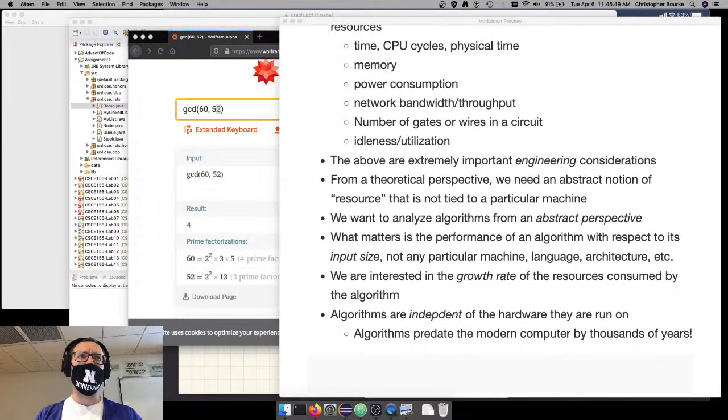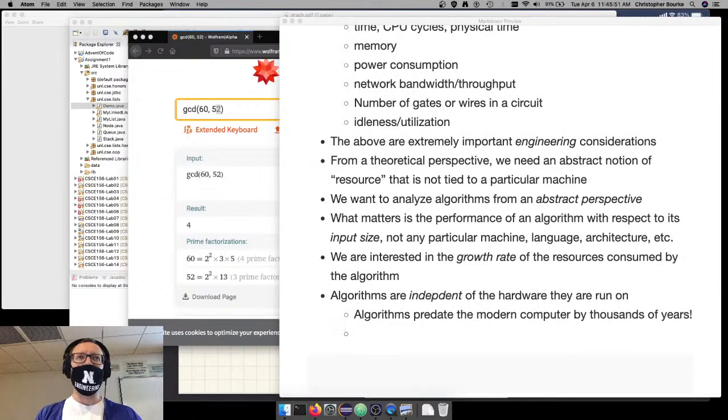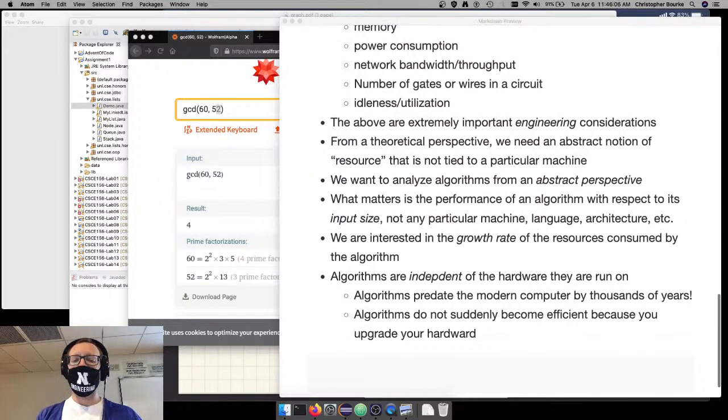An algorithm is just a process, a specified list of how of doing things, basically. Algorithms do not suddenly become efficient because you upgrade your hardware. And I would count going from paper to computer as an upgrade in your hardware.